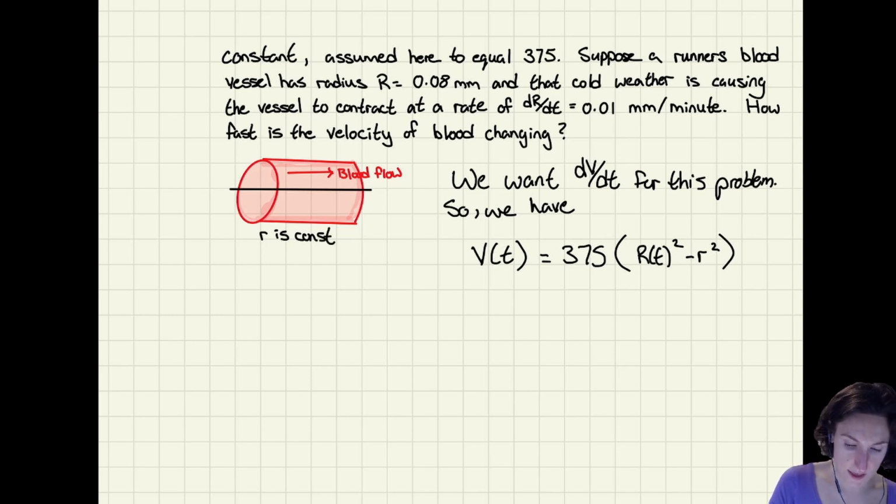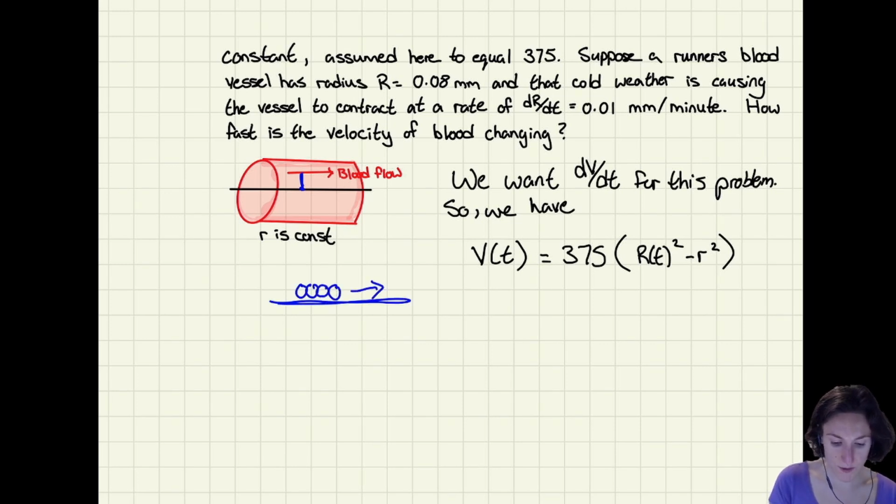And the little r, if this is the center, and say a layer of blood, think about red blood cells. Say you have a whole bunch of red blood cells in a line moving. This is the very center, and then there'll be, say, a layer beside them, and then another layer. This is an approximation, okay? So the little r is this first layer of blood from the center.